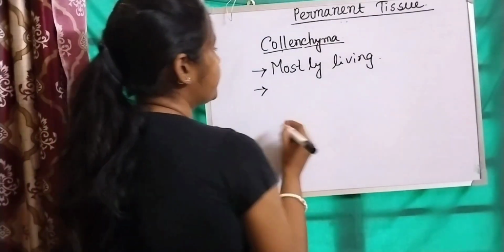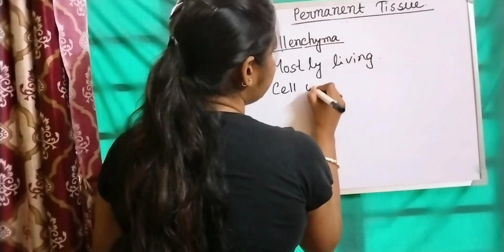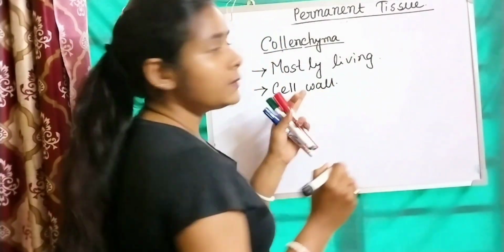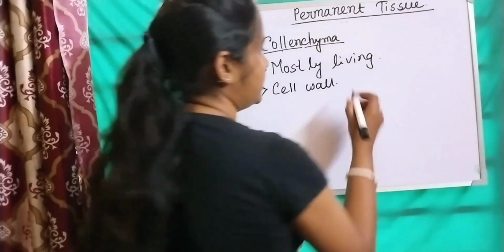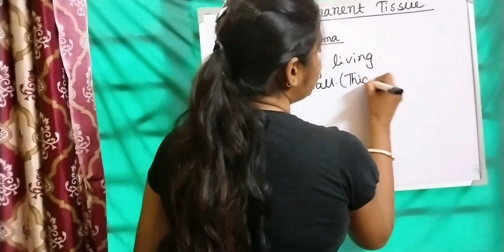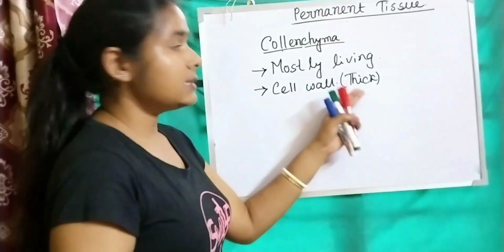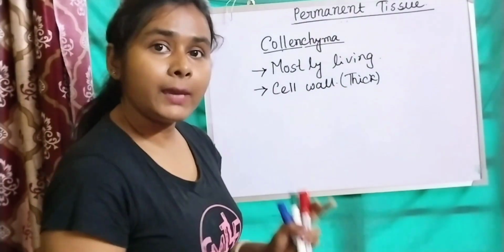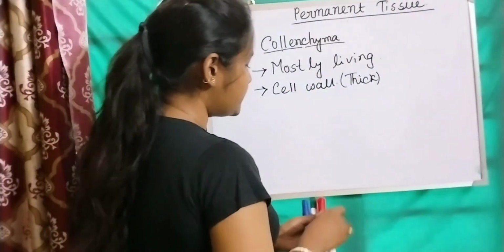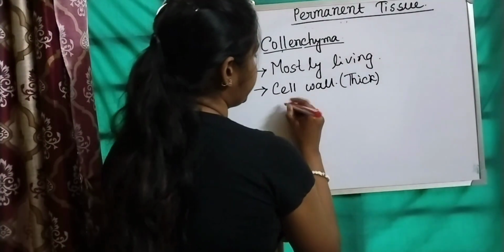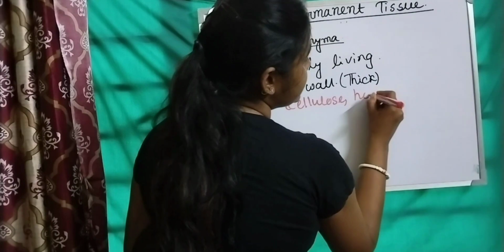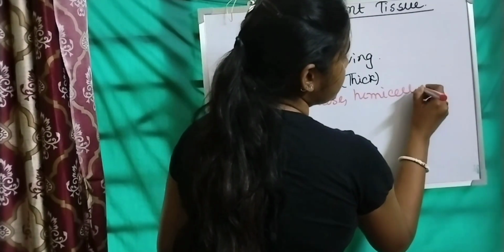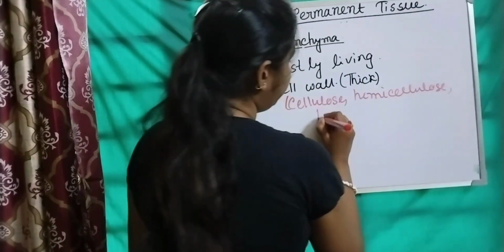Next, the cell wall of the collenchyma tissue is mostly thick, and this thick cell wall is made up of cellulose, hemicellulose, and pectin.